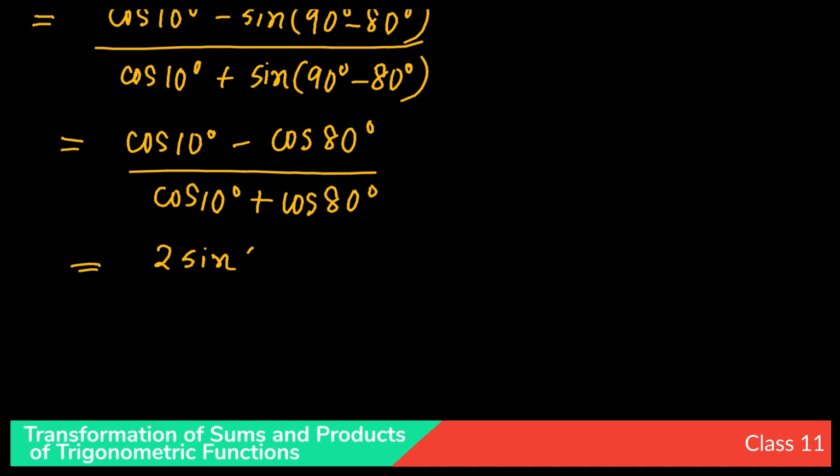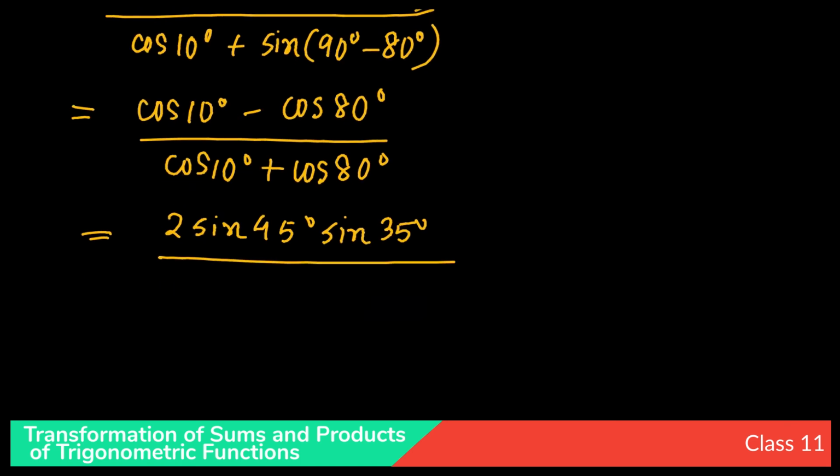Here C plus D by 2 means 45, and sine D minus C by 2 means 80 minus 10 by 2, that is sine 35, by cos C plus cos D, which means 2 cos C plus D by 2 and cos C minus D by 2.